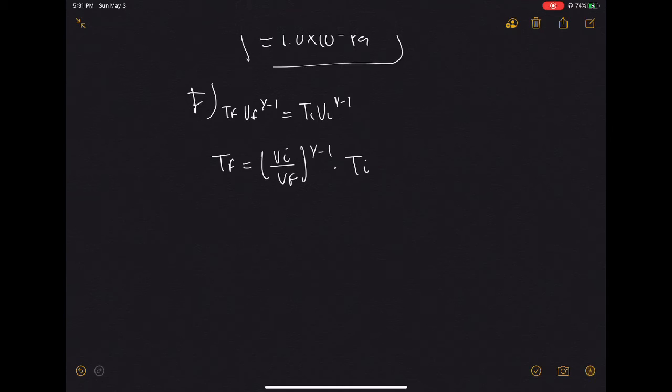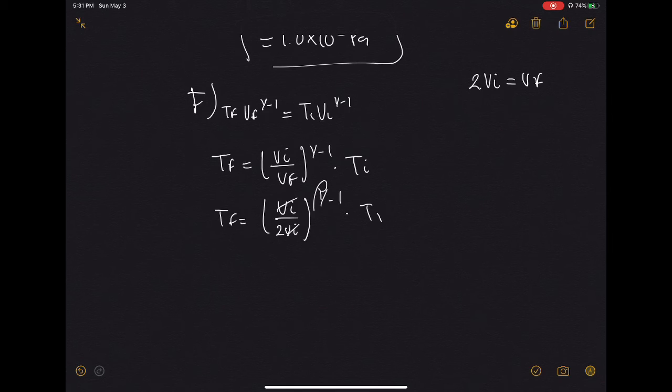We know that 2 times V initial is V final, so we can cancel a little bit right there.